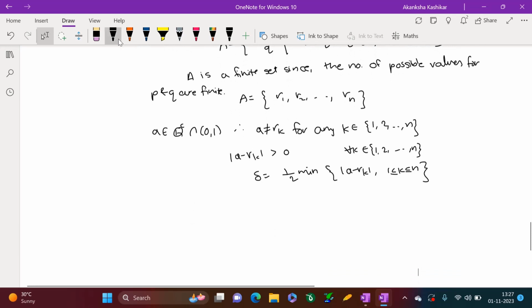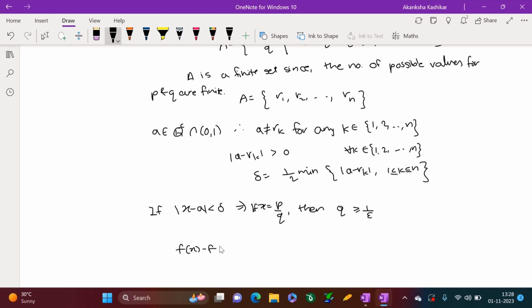So what I have is, if mod x minus a is less than delta, then that implies that for that x, if x is equal to p by q, then q is larger than or equal to 1 by epsilon, because all others we have already included in that set. Okay, as a result, what will happen when I consider mod of f(x) minus f(a)?